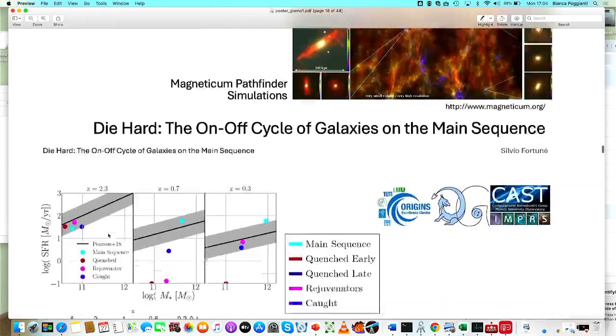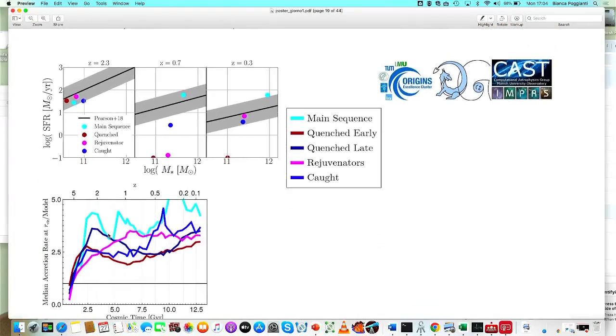So in this case, I follow the median accretion rates across cosmic time of the 4 classes. And here we see the accretion rates onto the virial radii of the galactic halos. And we see that all the accretion rates kind of scatter around similar values down to low redshifts, while the main sequence type galaxies stay at the highest accretion rates onto the halo.